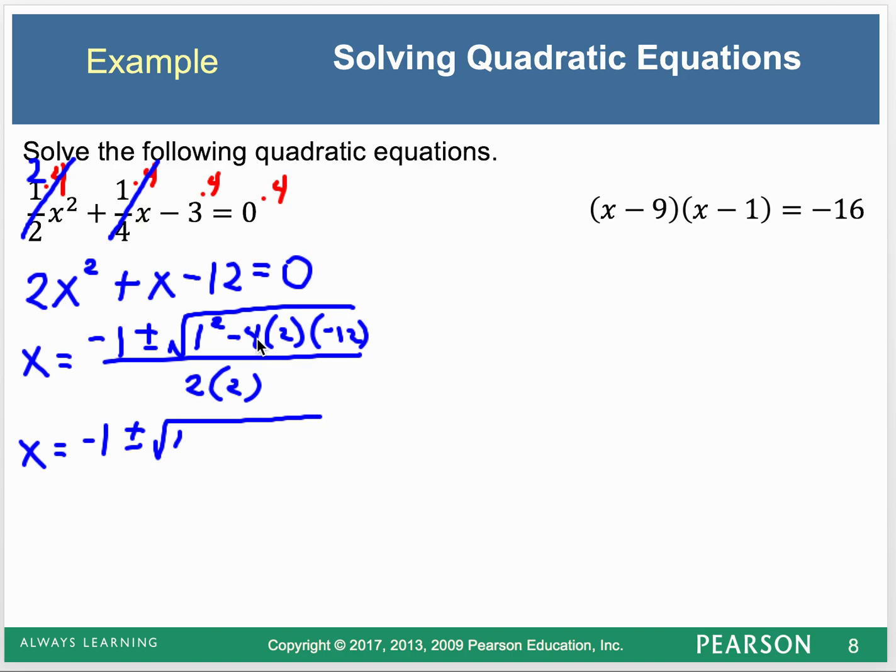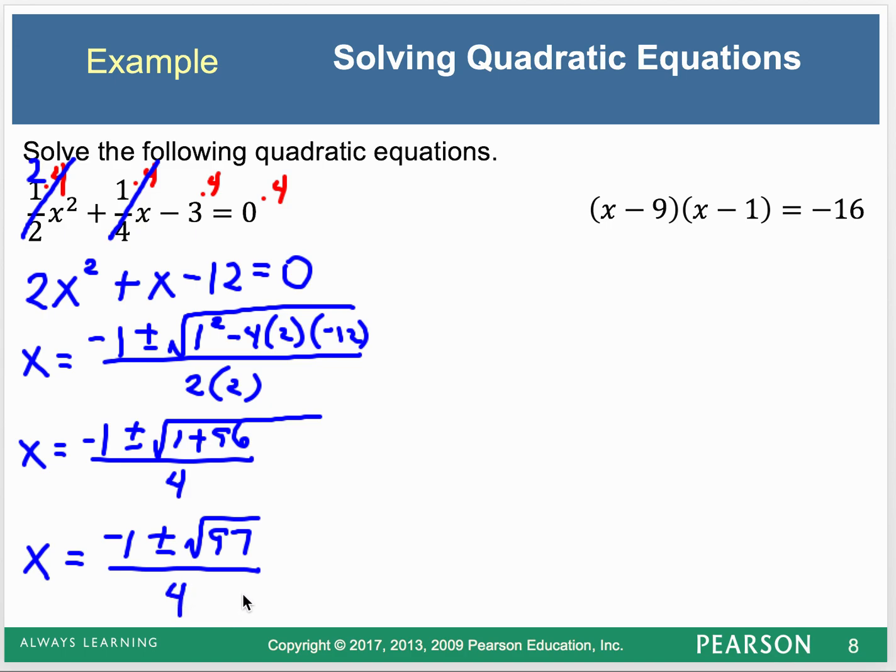Now what do we have here? 8 times 12, 96, plus, because there's 2 negatives, all over 4. So -1 plus or minus the square root of 97 all over 4. I've got to check that 97 and see if it'll simplify, but it won't. Notice how we chose the quadratic formula as the appropriate method, and it's pretty easy.